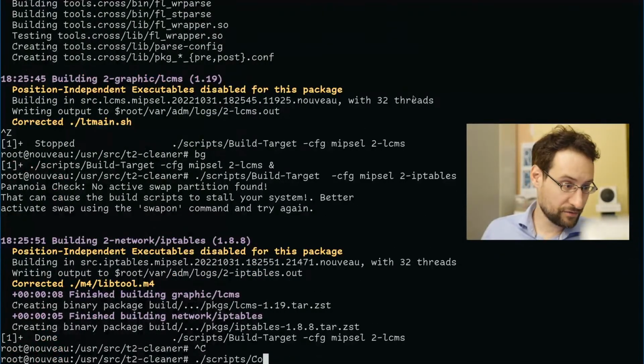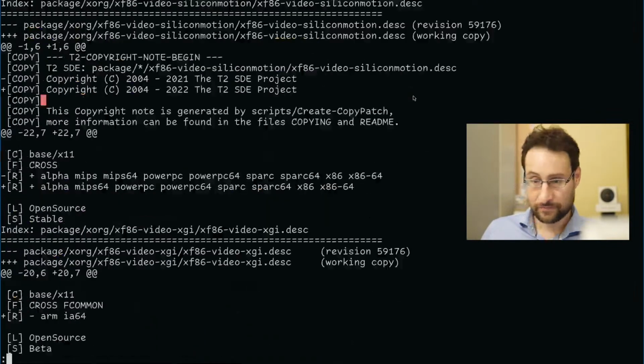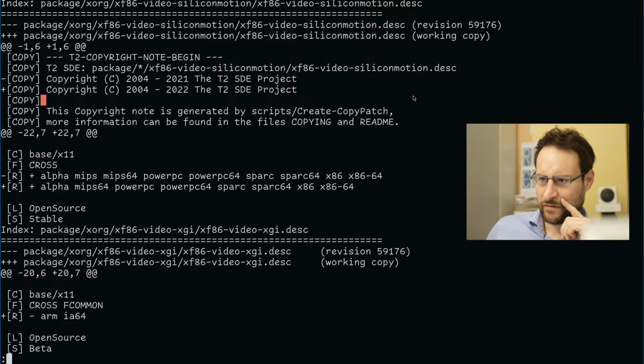So I guess we can commit already all the other stuff. What else do we have here? Here is some we built, Silicon. Why did I remove that though? Silicon Motion? Right, I removed it from the allow list.